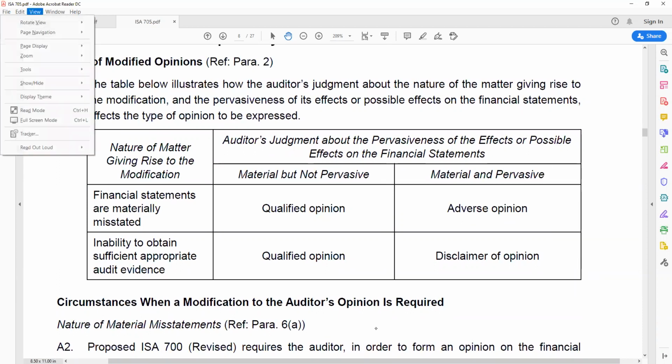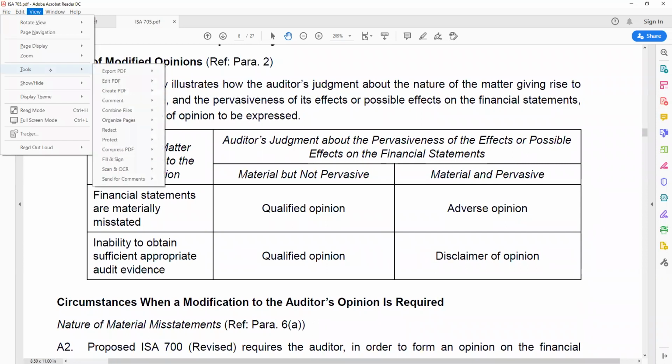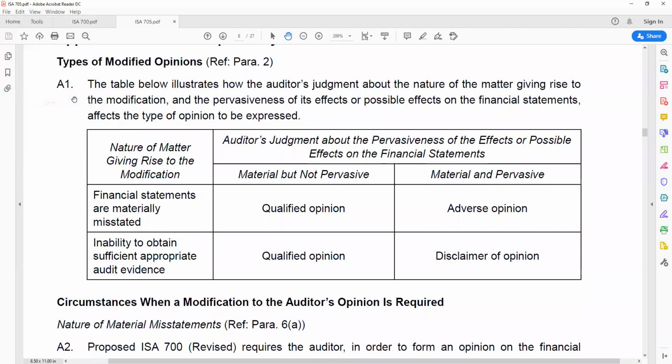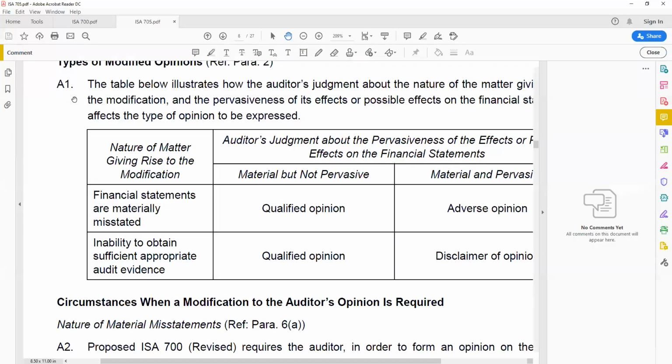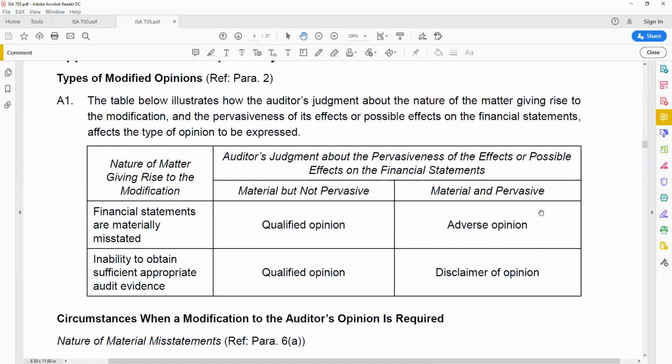So if the matter is material and pervasive, and it arises from scope limitation, an inability to obtain sufficient appropriate evidence, then you issue a disclaimer of opinion.